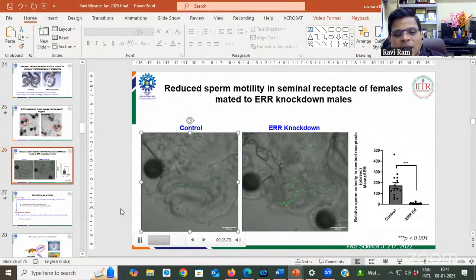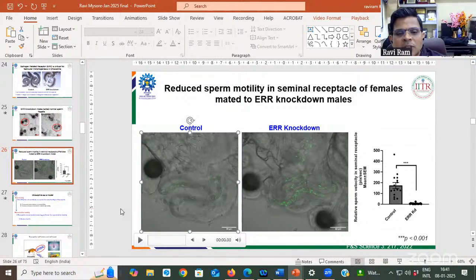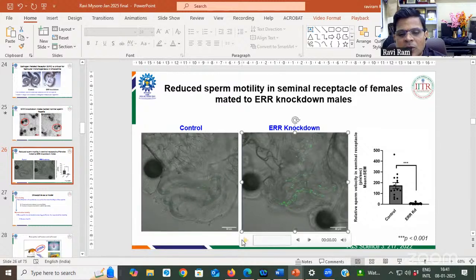You'll just see the green ones moving here and there, like on a highway at night, if you see the cars going around, they'll be moving like this. This is what happens in the control conditions. If everything is fine, this is how they run. And if you see in the knockdown, do you see them moving?